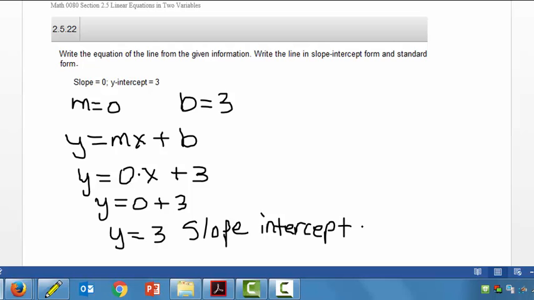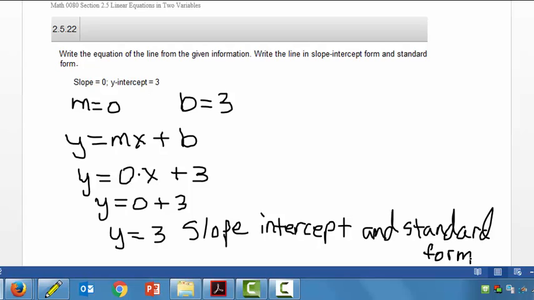And it's also our standard form in this particular case, because a is 0. Remember, the standard form is ax plus by equals c.